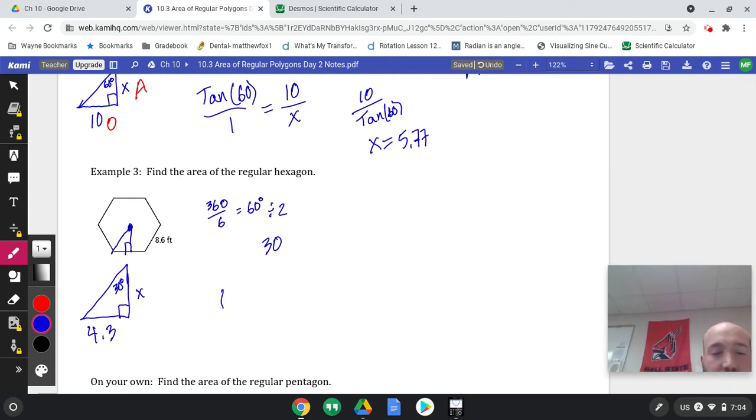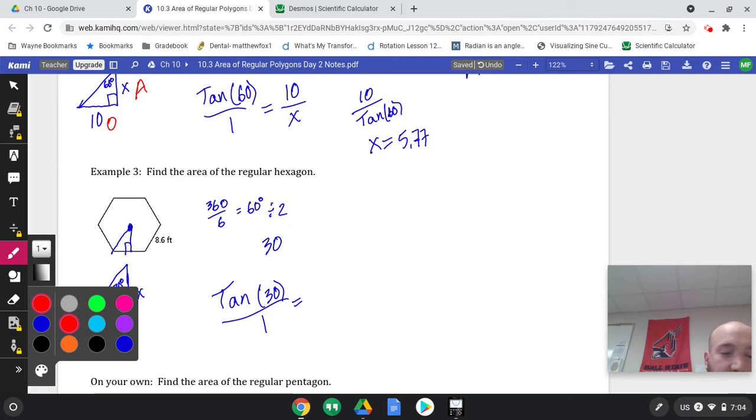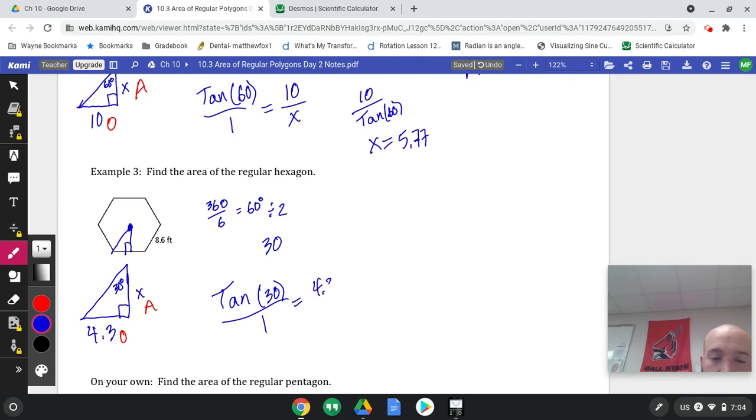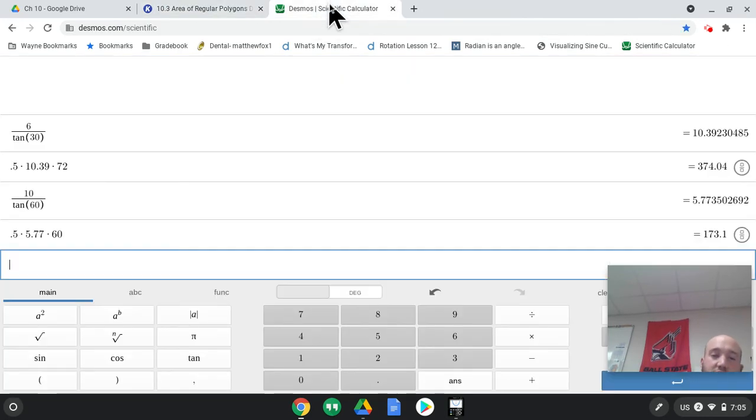So once again, the tangent of 30 equals TOA. So we got to label these. It's going to be O over A. So 4.3 over x. And we solve this, we're actually going to do 4.3 divided by tangent of 30.